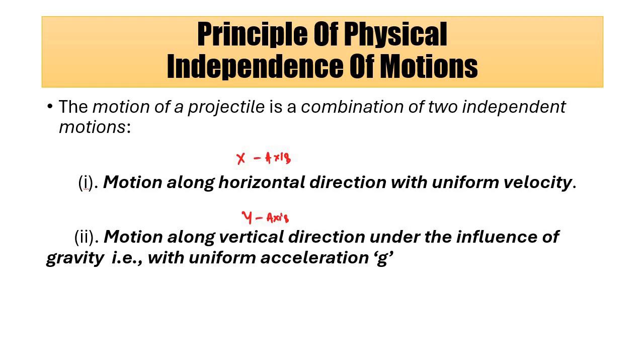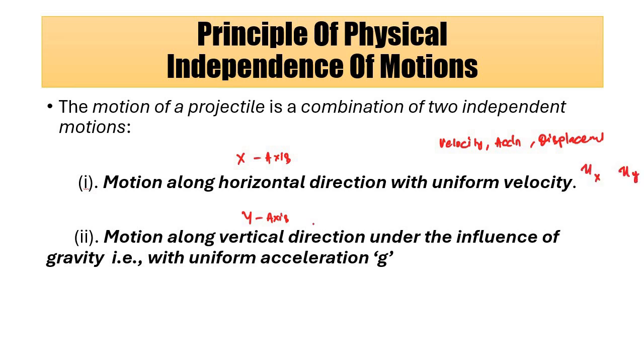Every vector parameter which is involved in the projectile motion, let's say velocity, acceleration, displacement, they are resolved into their respective x and y components. The initial velocity is resolved into ux and uy.